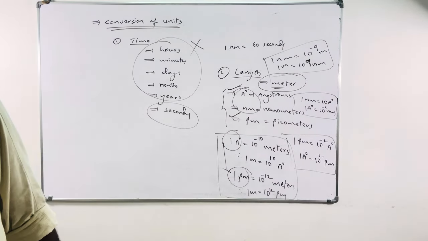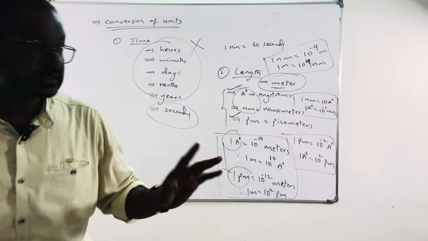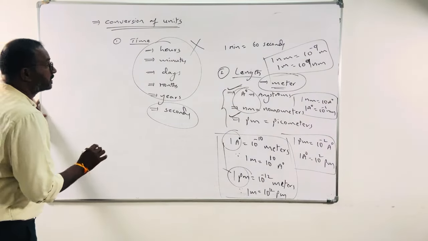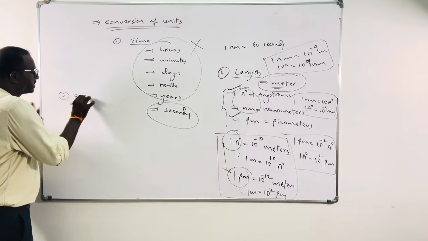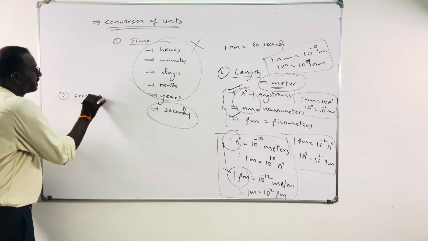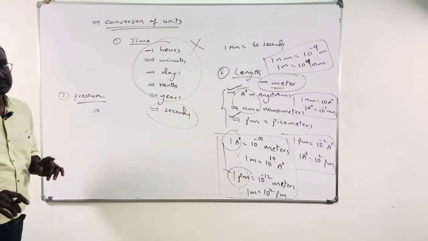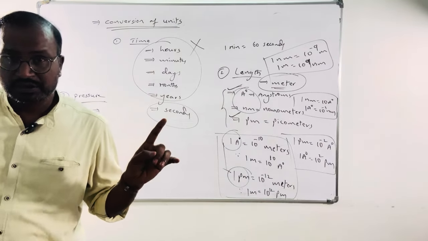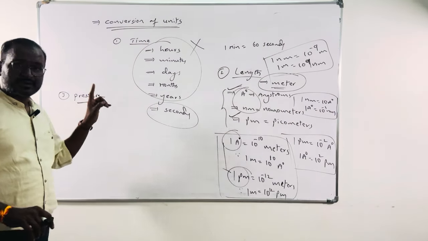Next, conversion of liter atmospheres into joules, that is also very important, that is pressure conversion. Next important for chemistry is pressure conversion. Generally, in SI units, pressure units are kilograms per meter per second square.